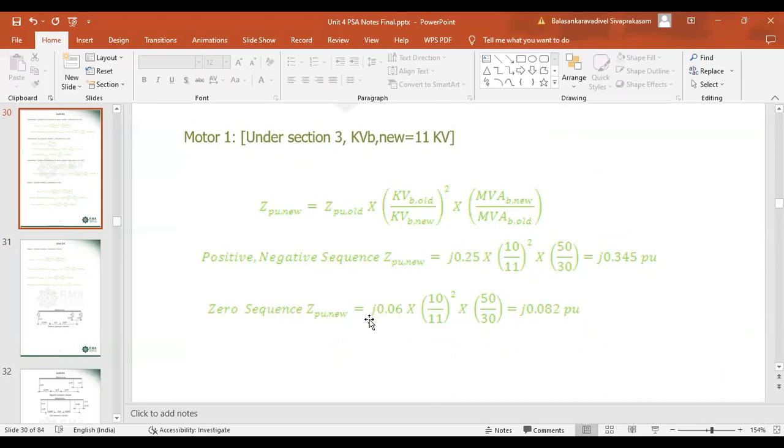So we can substitute in the formula. The only difference is the Z per unit old. The remaining data set is kVb old, new, and MVAb new, old, and so on. You have to refer to the particular component and then substitute here so that you can calculate positive and negative sequence reactance. Similarly, if you substitute Z per unit old for zero sequence, we can calculate the value for zero sequence reactance.